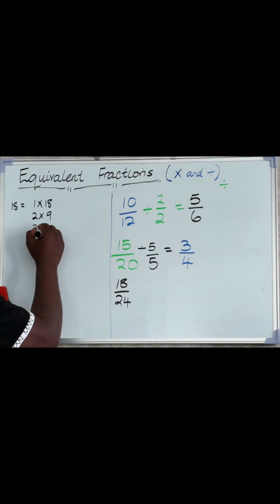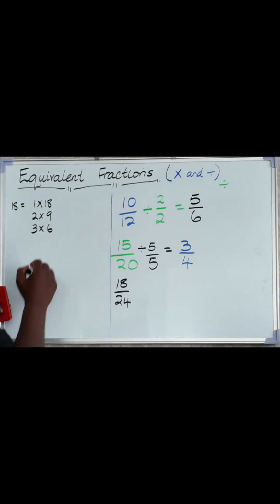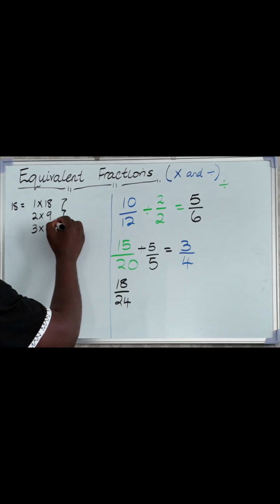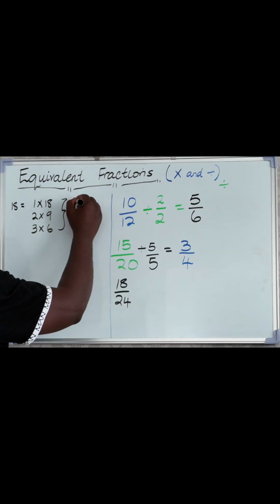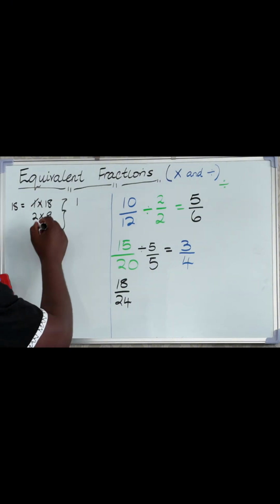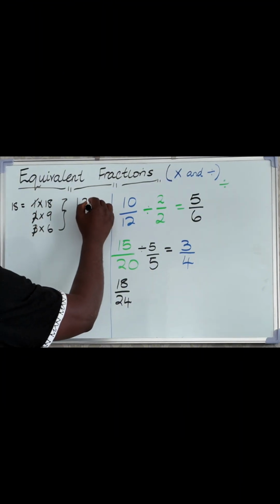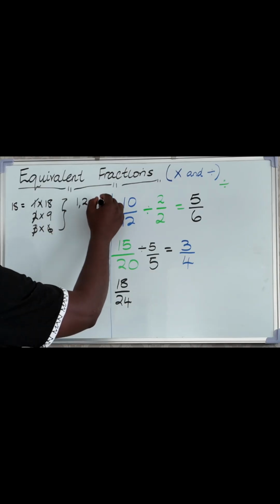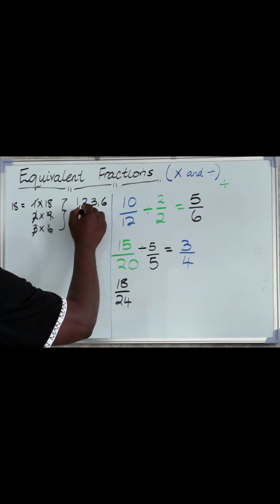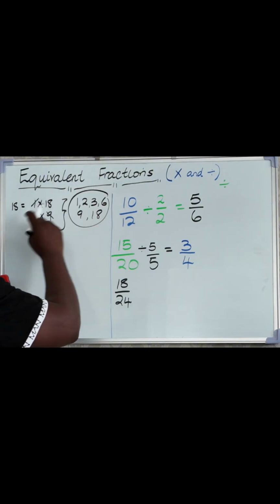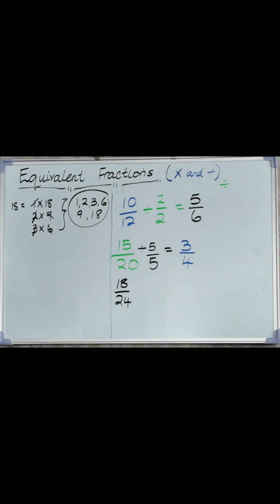Then we've got 3 times 6, right? So we can see now that the numbers that go into 18 are 1, 2, 3, 6, then we've got 9 and 18 itself. So these are the numbers that go into 18 without leaving a remainder.